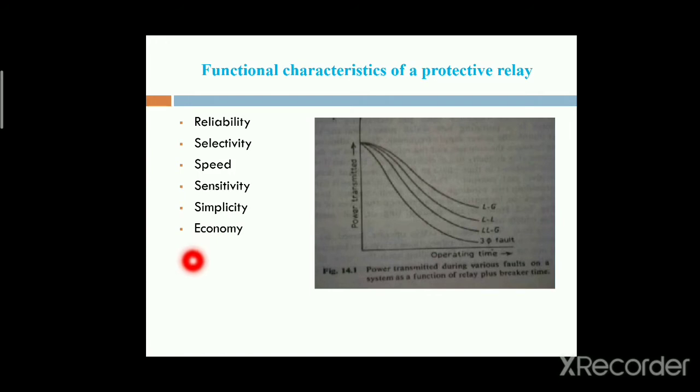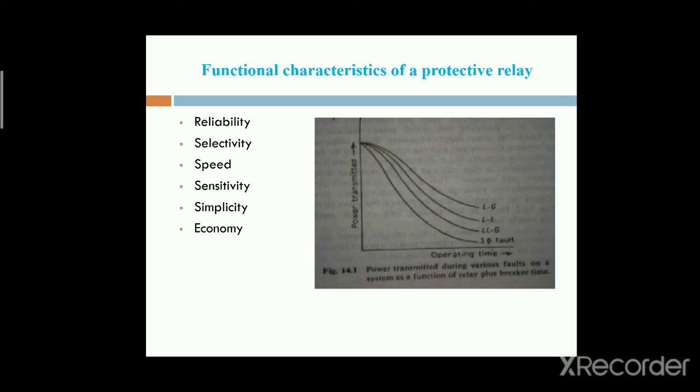While selecting the types of relays, the economy property is also one of the major criteria in a power system, because by increasing the number of relays in the power system, the cost of the overall protection system is increased.